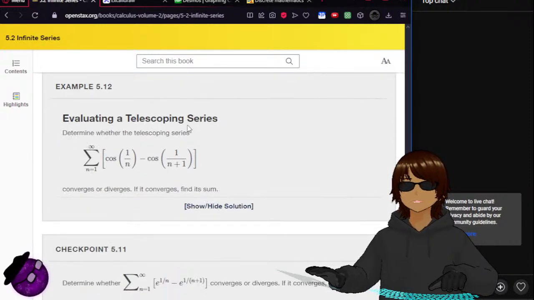Evaluating a telescoping series. Determine whether the telescoping series converges or diverges. If it converges, find its sum.